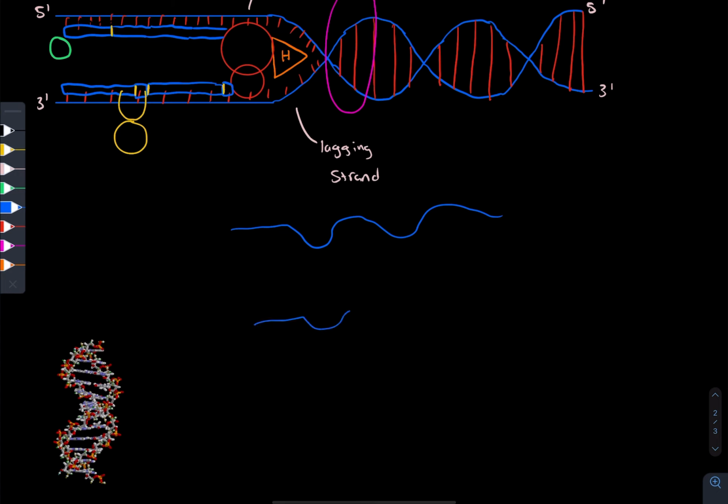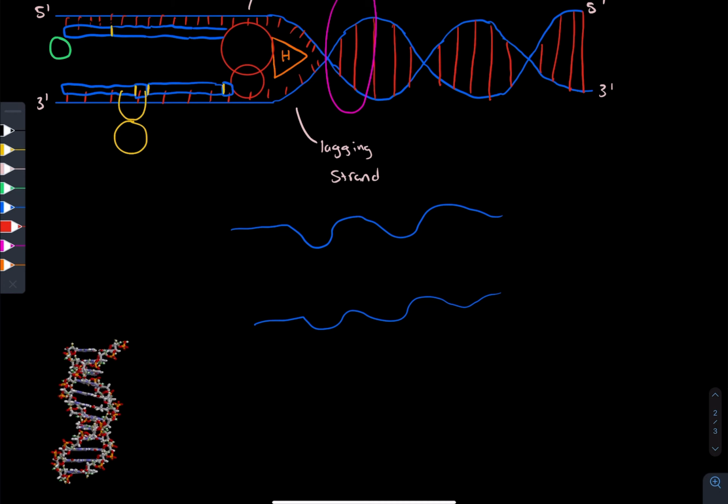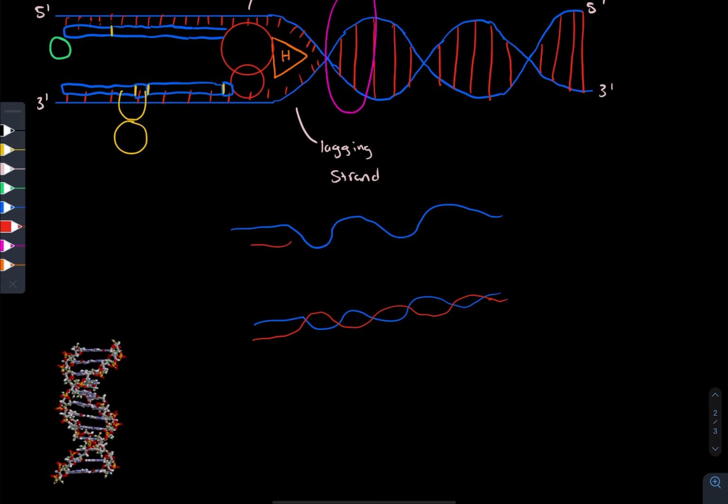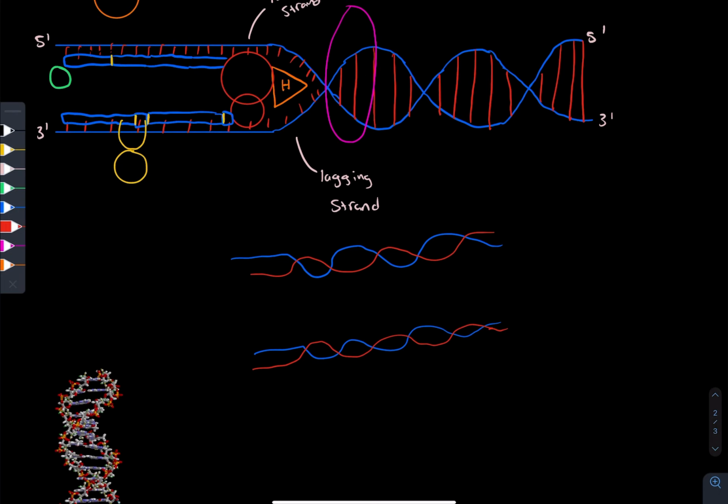So we call the blue one the parent strand. The red one is going to have to be the daughter strand. So we're going to have 2 parent strands and then 1 daughter strand.